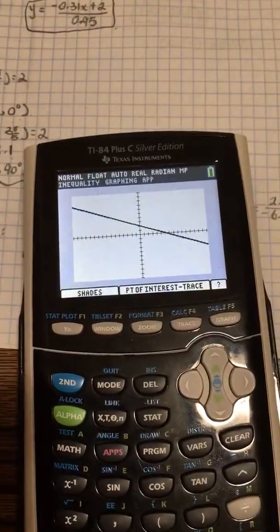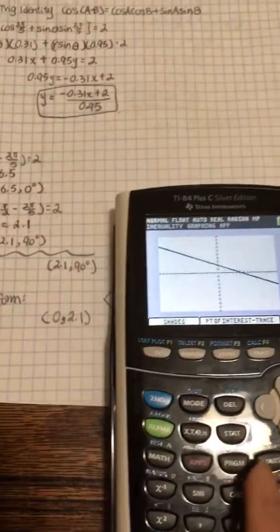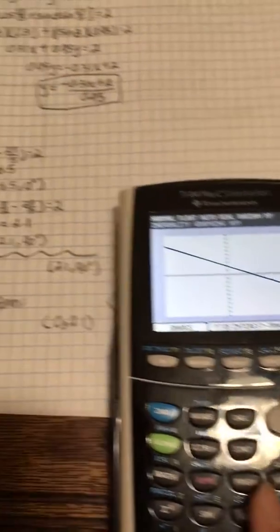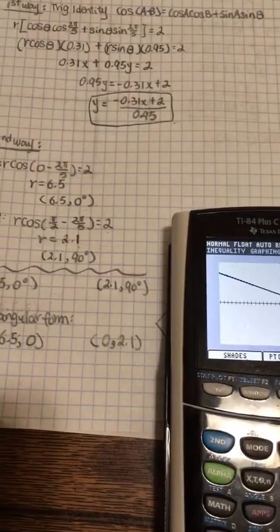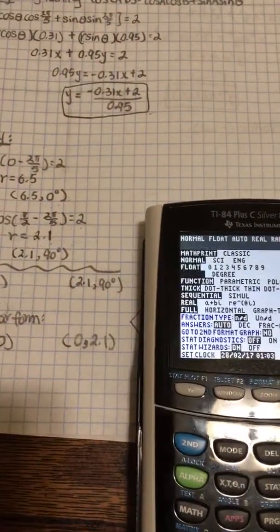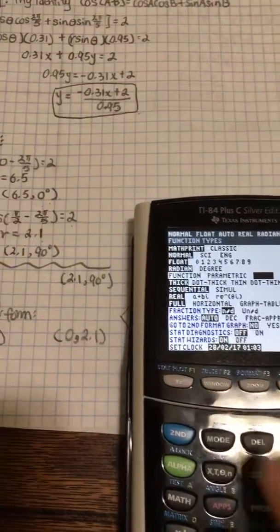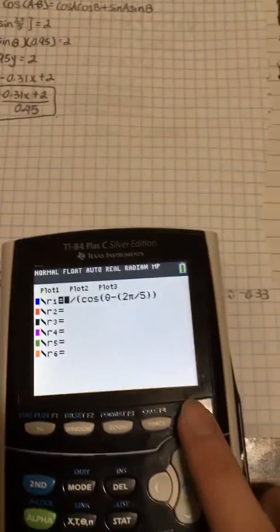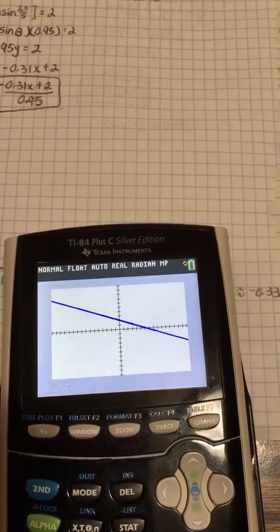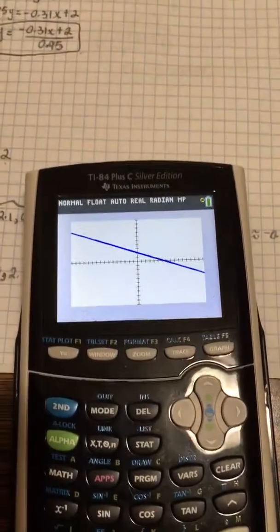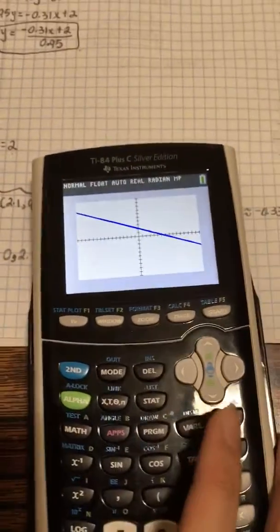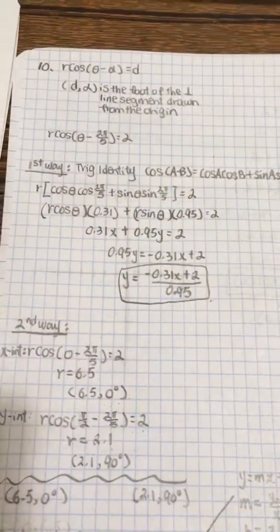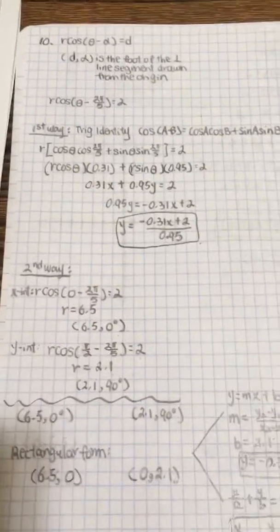Also, just to show how the equation looks in polar form, I also have it here, and when I enter graph, it should be exactly the same as the graph that we saw previously. So these are the ways to turn a polar equation into rectangular form.